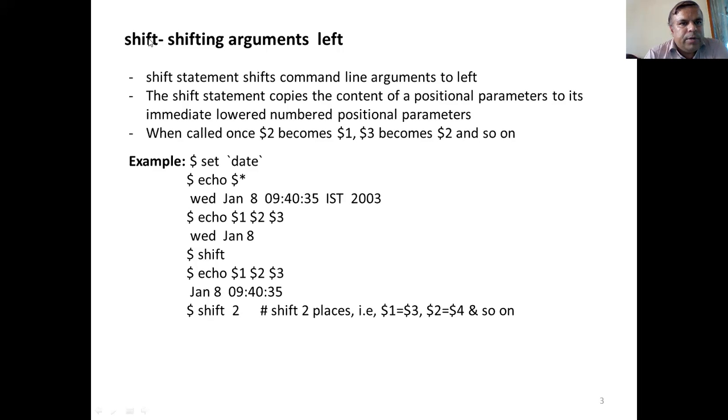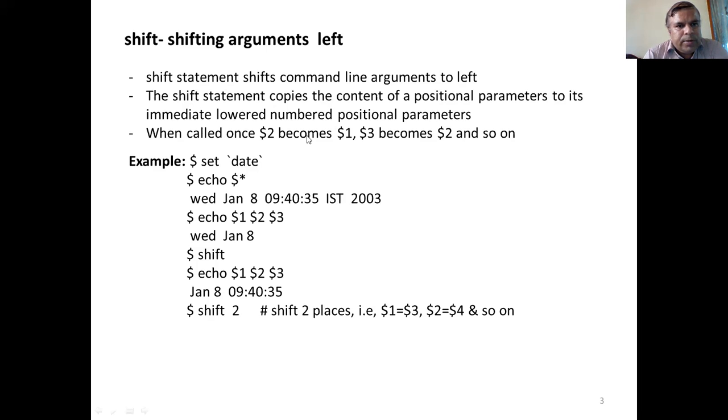Next, the shift statement, shifting arguments left. This shift statement shifts the command line arguments to the left. That means it shifts the arguments of the set statement to the left. The shift statement copies the content of a positional parameter to its immediate lower numbered positional parameter.